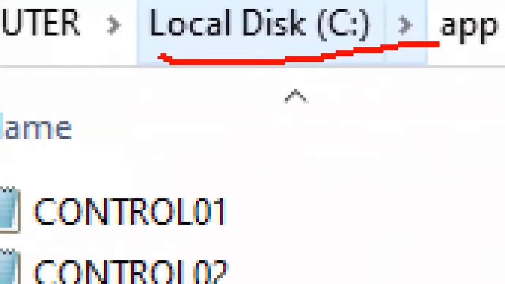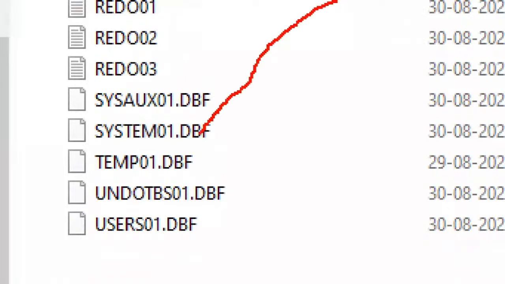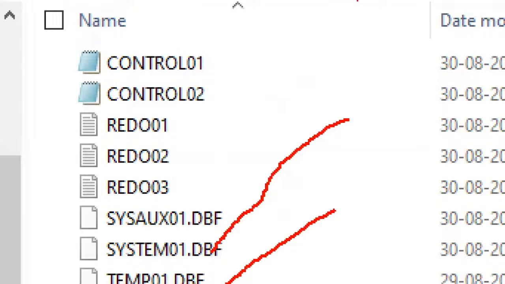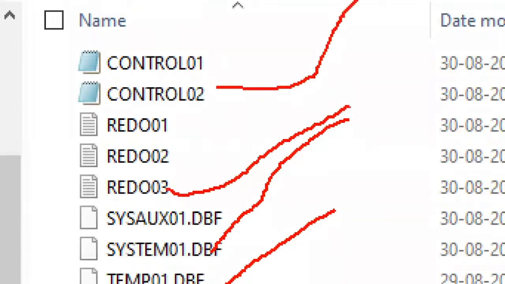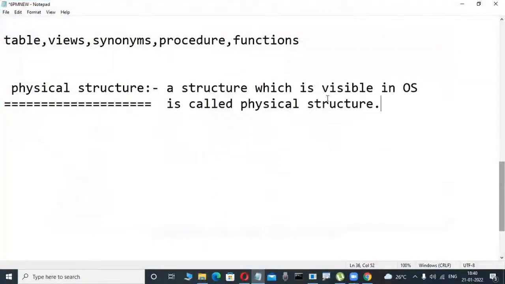These are data files, .dbf files. You don't know what they are, later you will become familiar. Here are control files and redo log files. That's why it's a structure which is visible in the operating system. That is called physical structure.